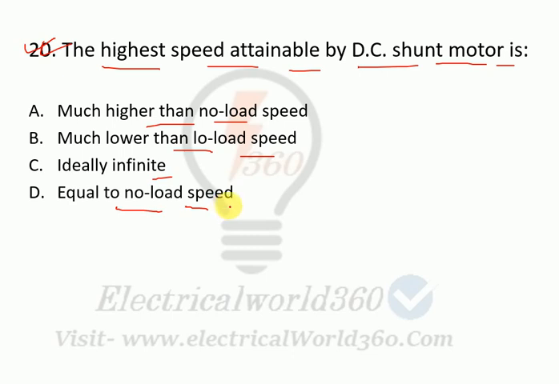If it is 0, that means in the ideal case, then the speed of the motor at any load will be equal to no load speed. So that is why here the option number D is the right answer.